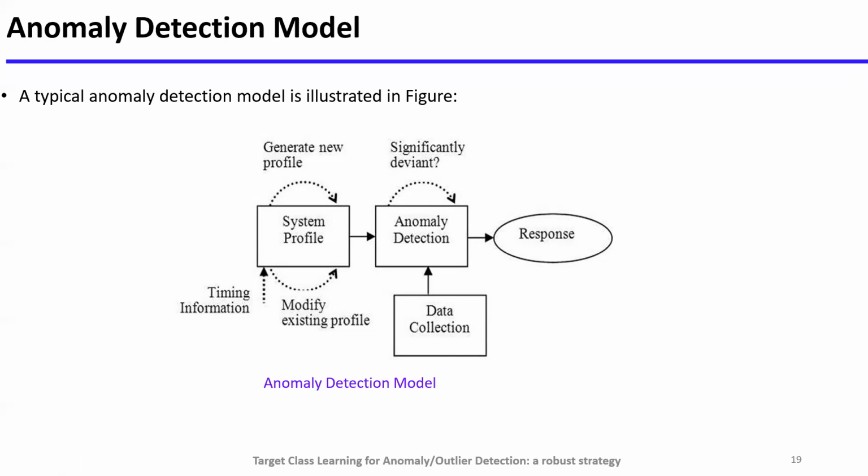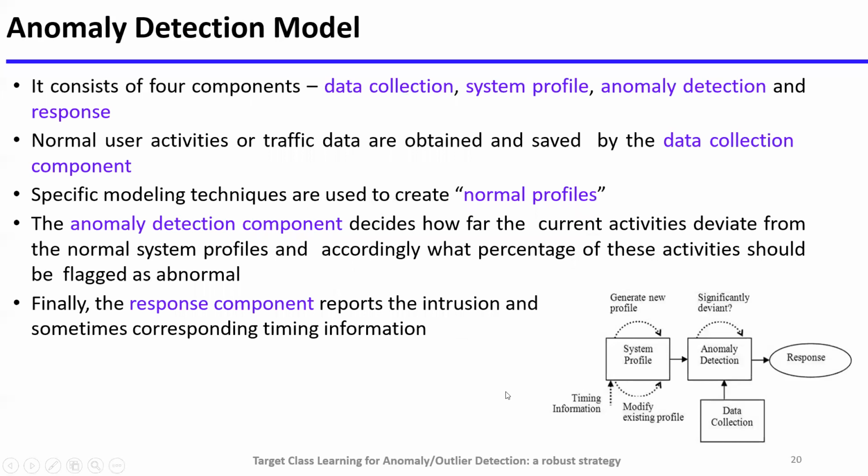But if over a period of time we observe any kind of deviation from the normal system profile, those deviations are important to identify. That can be a kind of anomaly detection task, which we can perform by measuring the deviation with respect to some benchmark or reference, and we may be able to generate certain responses. That is basically the anomaly detection model.